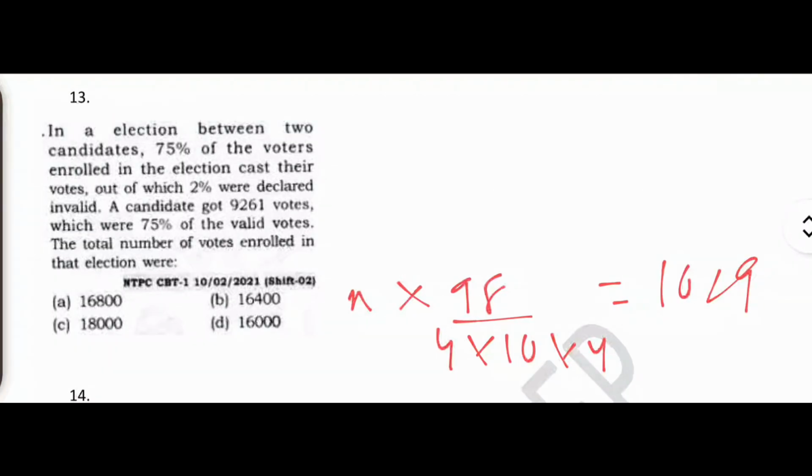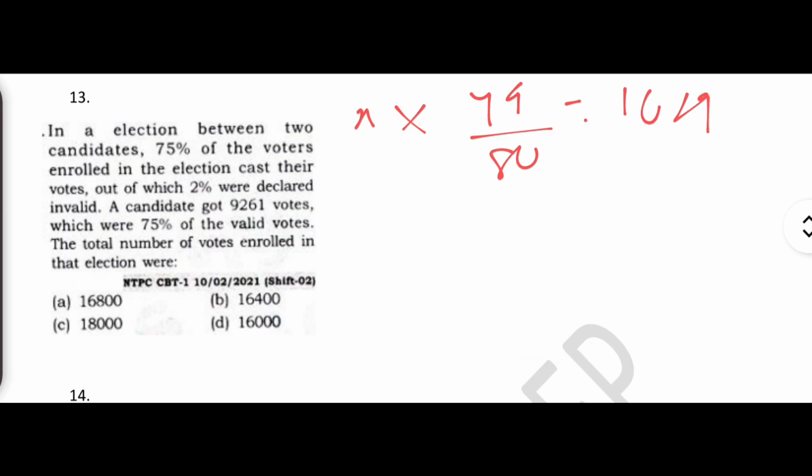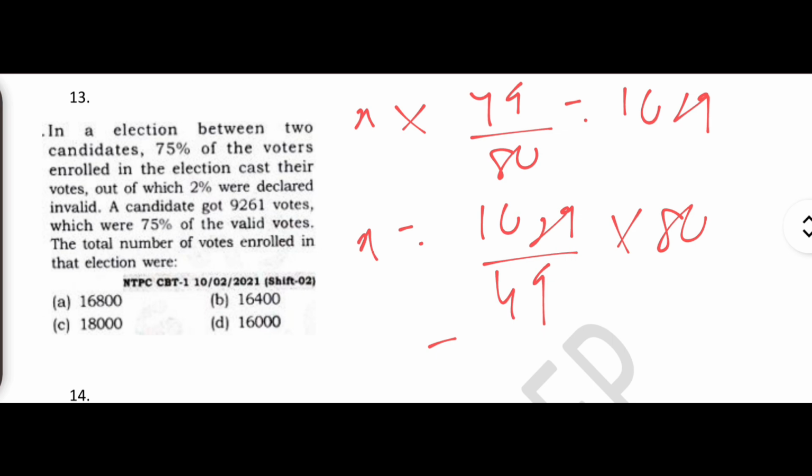We try to cancel this by 98. 2 2s are 4, 2 4s are 8, 2 9s are 18. So we have x into 49 upon 2 10s are 20, 80 is 1029. So x is nothing but 1029 upon 49 into 80. So 1029 upon 49, how much do we get? It is 21.